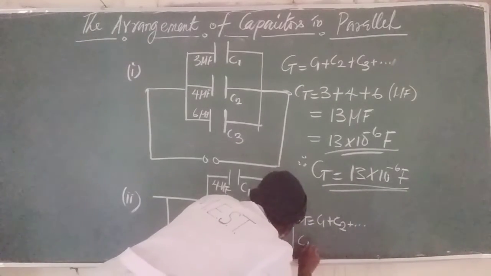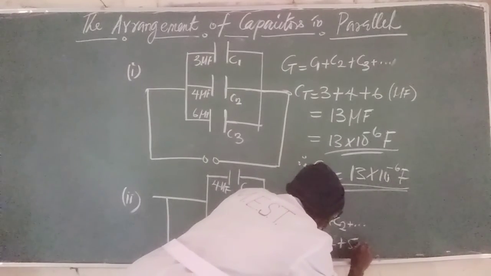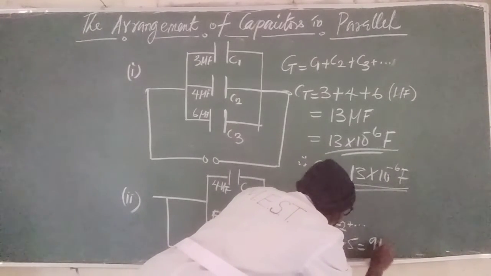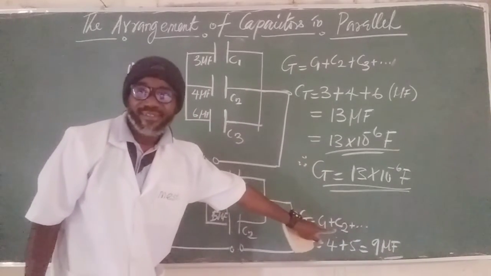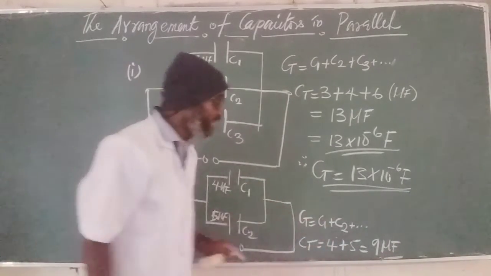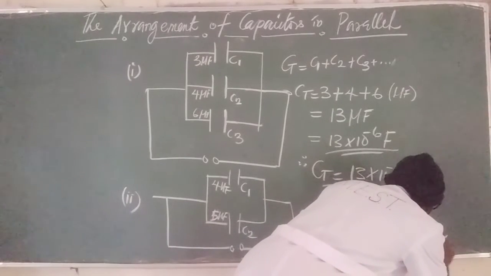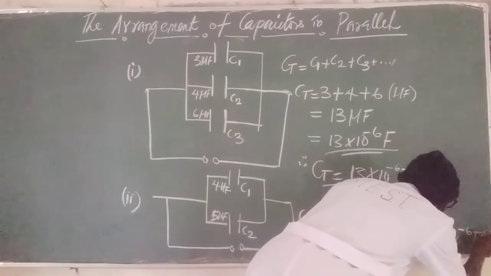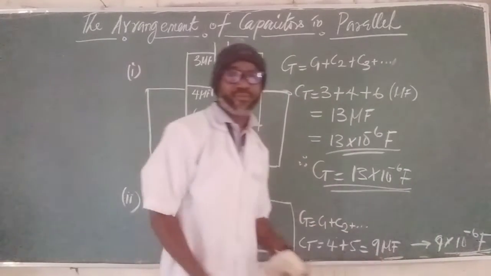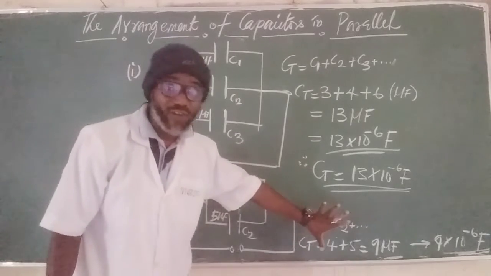We come down here. CT is equal to 4 plus 5, all equal to 9 microfarad. All right? Very simple. But we can extend this to be 9 times 10 to the minus 6 farad. Very simple. That is it. It has been solved.